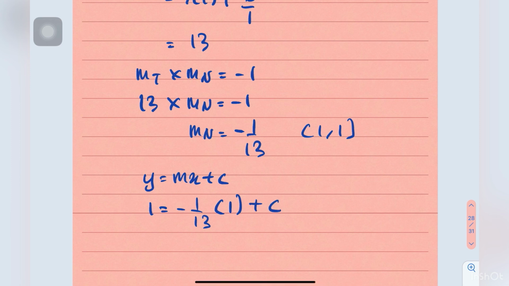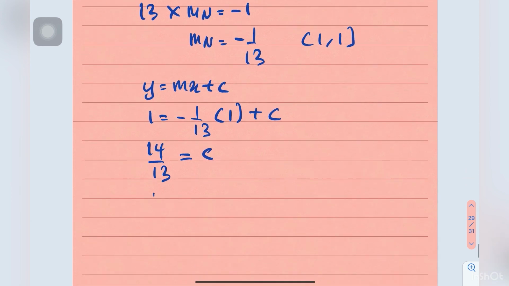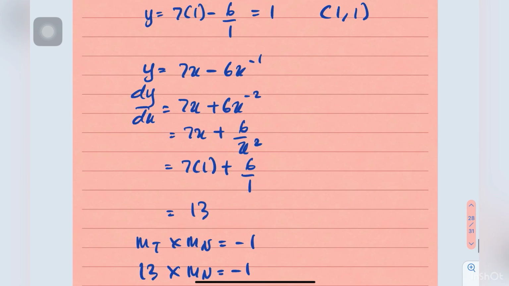So c is 1 plus 1 over 13, so 14 over 13. Therefore the equation of the normal is y equals -1 over 13 x plus 14 over 13. Okay, so look at the question.